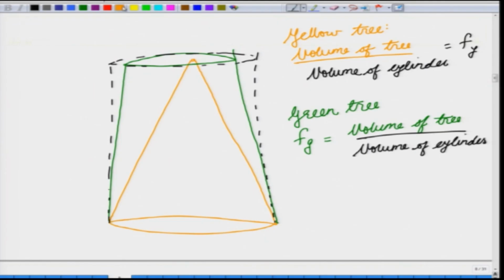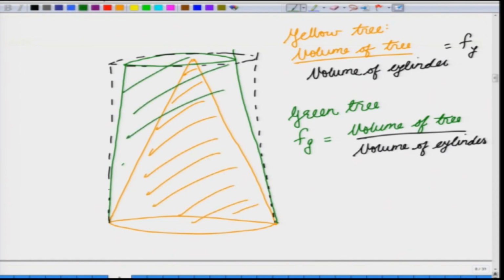Now, as we can see, the volume of the yellow tree is much less than the volume of the green tree, which is this much.